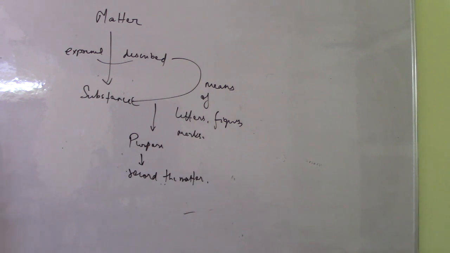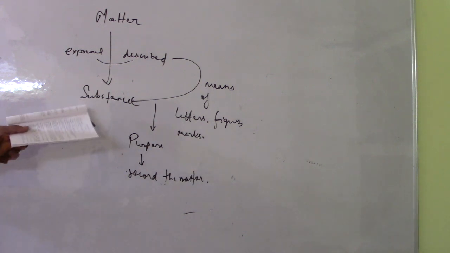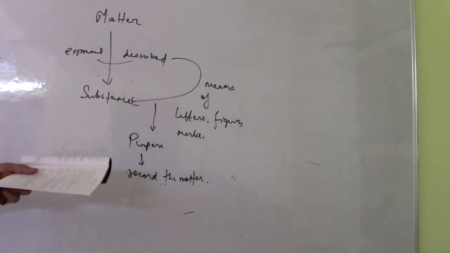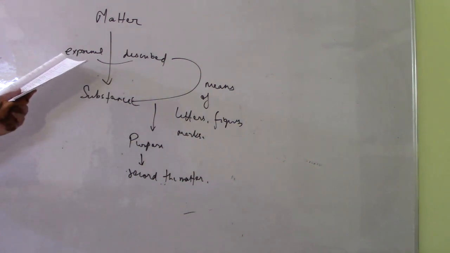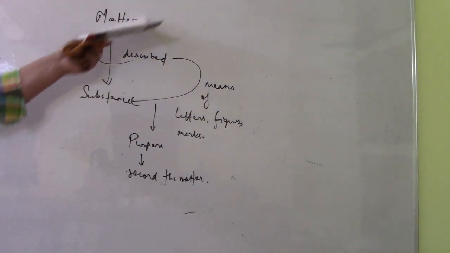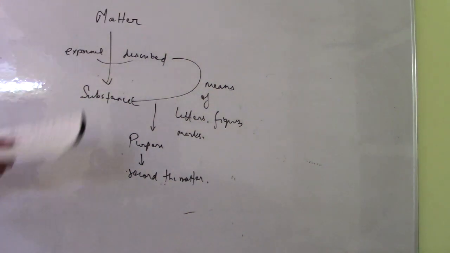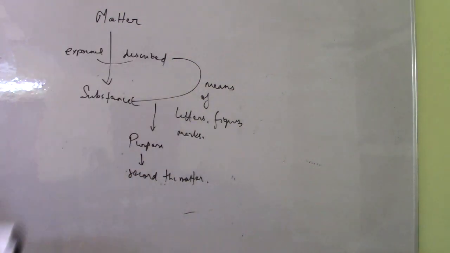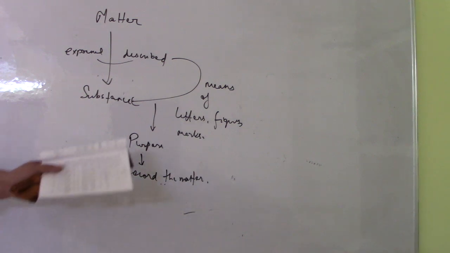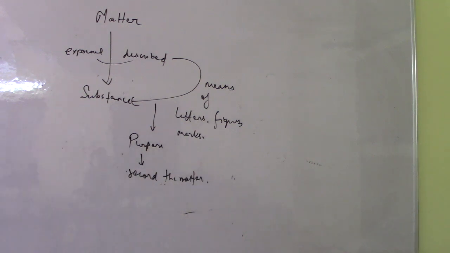And why did I say stone pillars? Because the stone pillar is a substance. Right? When you are engraving something on the stone, that becomes matter which you are either expressing or describing by means of letter, figure or mark. This one is fairly understandable, right? And then the purpose is to record the matter, which means that the matter will stay for a certain period of time.